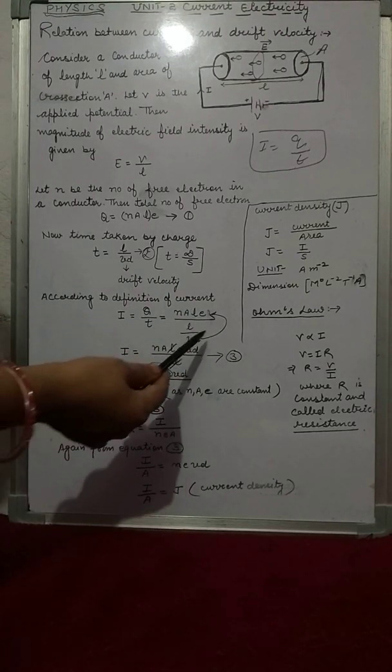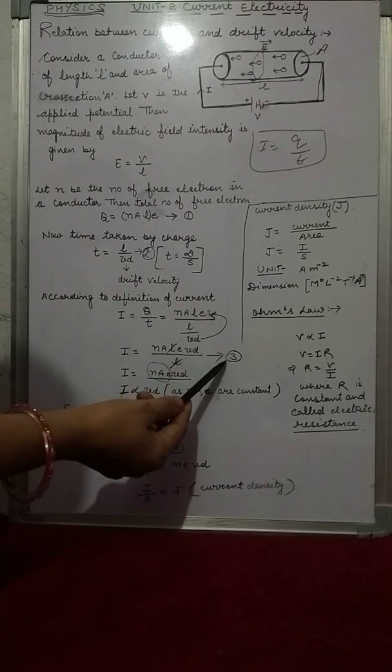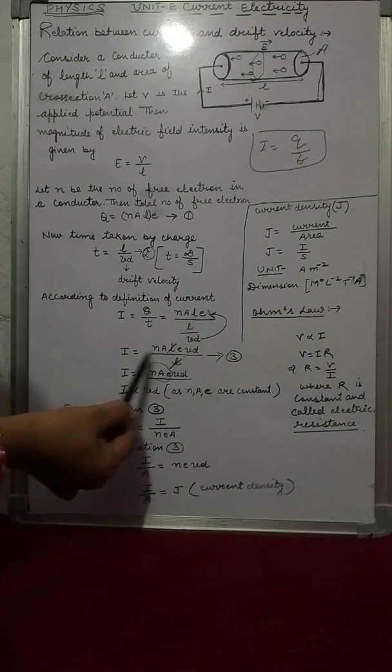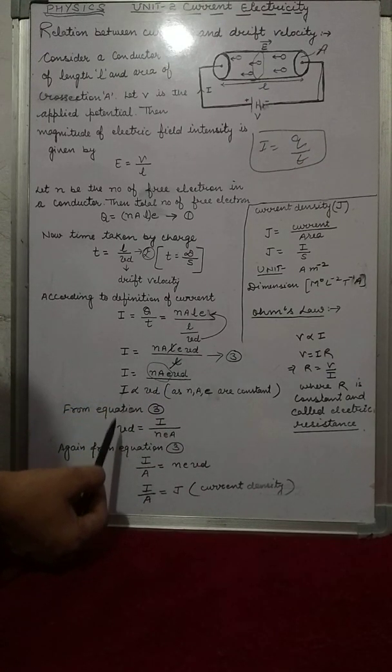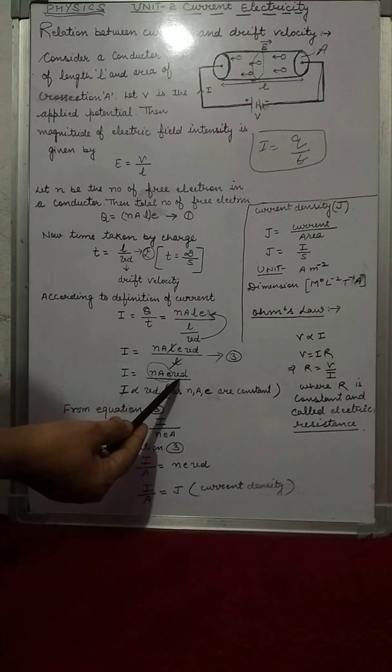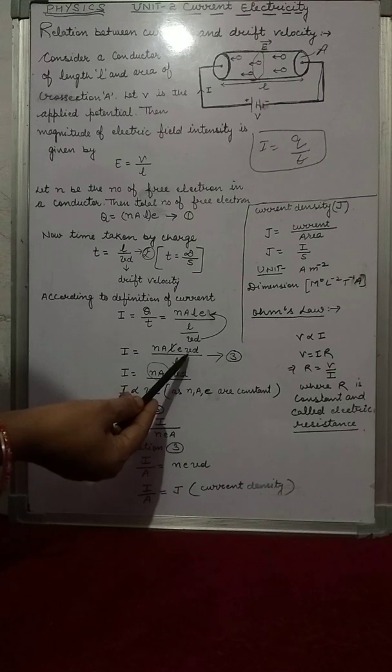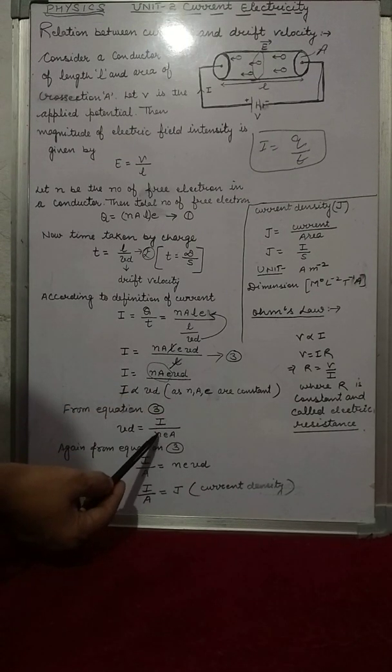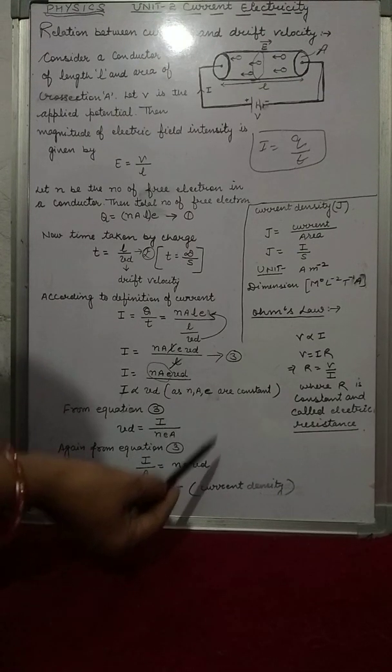Now again from this equation, equation 3, we can calculate Vd. Bringing this term nAe to this side, Vd is equal to I upon nAe.